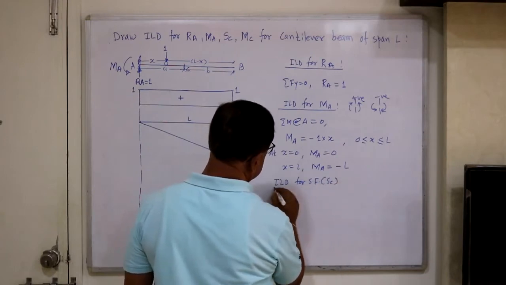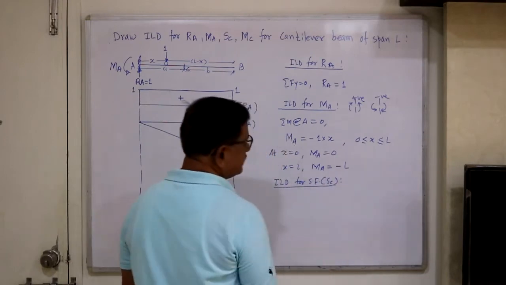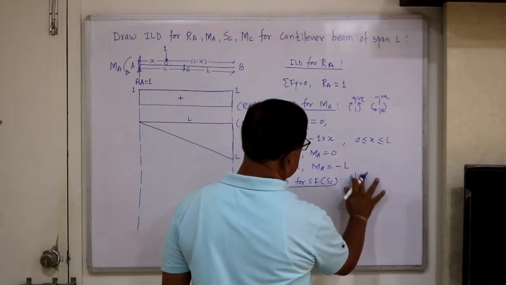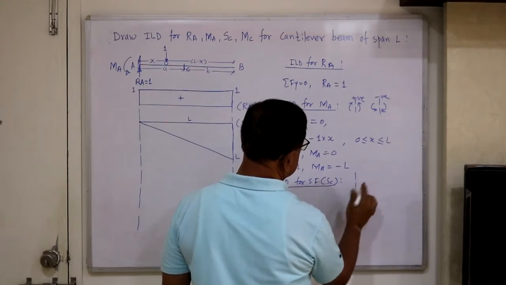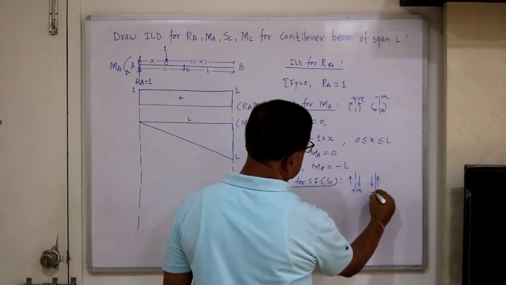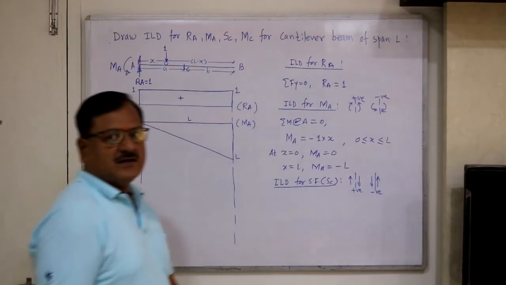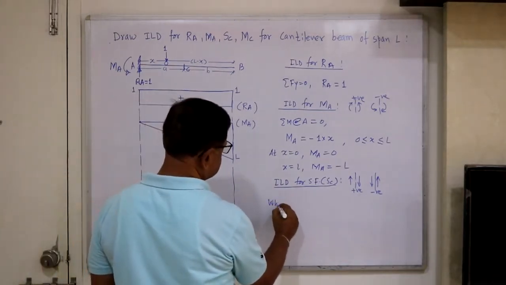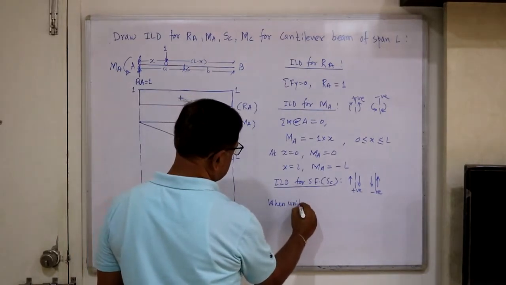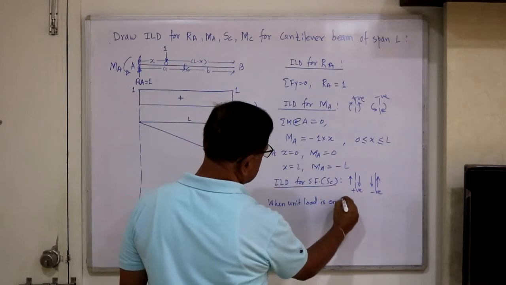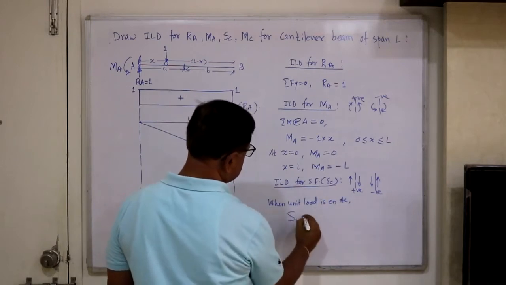That is SC. Let's consider ILD for shear force at section C, and the positive directions here: left upward, right downward is positive; this is the section, left downward, right upward, negative. Now again, when unit load is on AC, what is shear force at C?